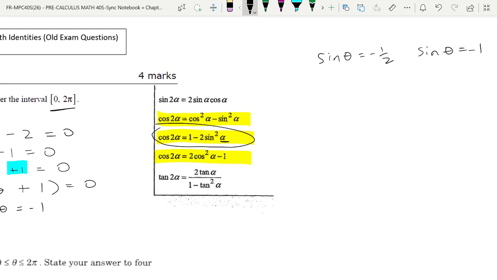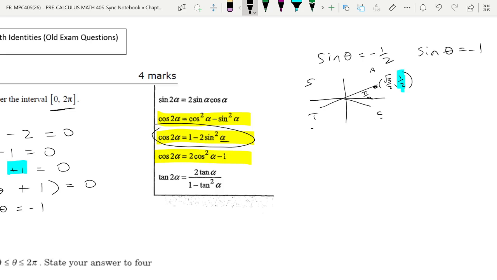Okay, where does negative a half happen? Well, sine is a half here at pi by 6, right? Because that has coordinates of root 3 over 2 and 1/2, right? And that's the one we want, right? Sine is that guy. Okay, so where is sine negative now? So I use my cast rule, and I go, oh yeah, sine's negative here and here. So I want the pi by 6 angle there and there.